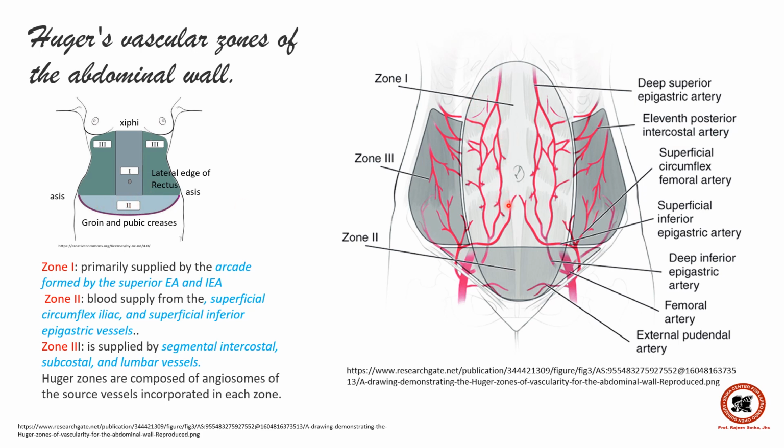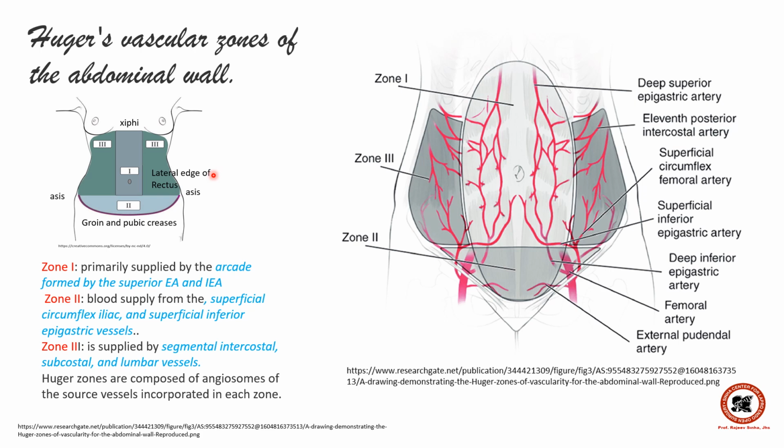Zone 2, which extends between the groin and pubic creases and the ASIS, has the superficial epigastric, the pudendal, and the superficial circumflex iliac vessels. And then zone 3, which is the lateral zone, lateral to the linea semilunaris, has the perforators and the intercostal vessels. So based on these 3 zones, you've got their own source vessel which incorporates the angiosomes of the source vessel.